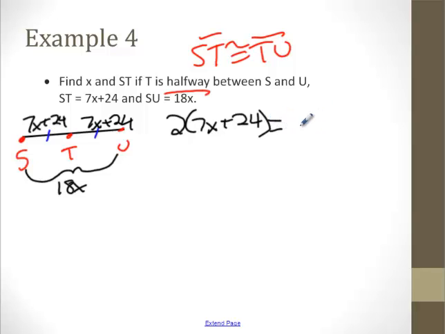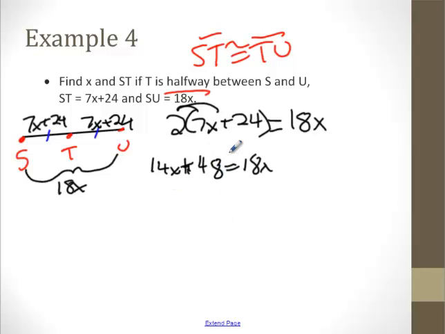Since they're both 7x plus 24, I'm just going to multiply it by 2 and then set it equal to the 18x. So I'm going to take the 2 and distribute. You got 14x plus 48. I'm sorry, that's messy. Let me do that one more time. 14x plus 48.